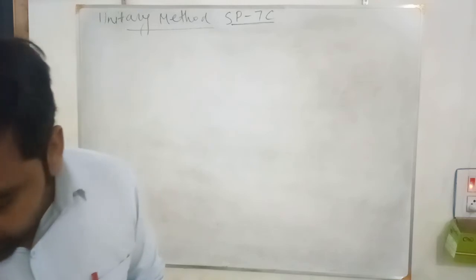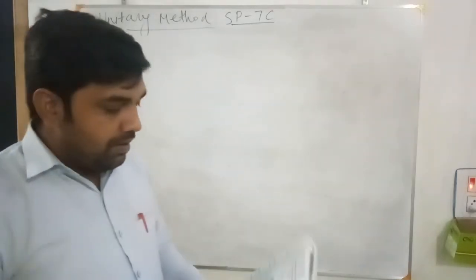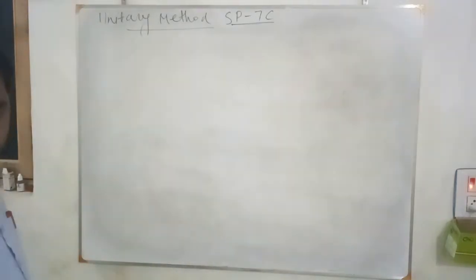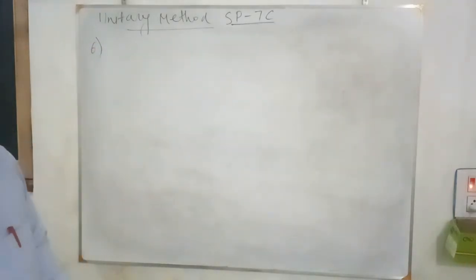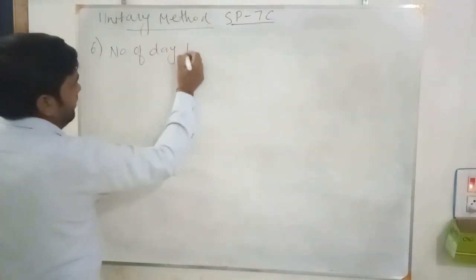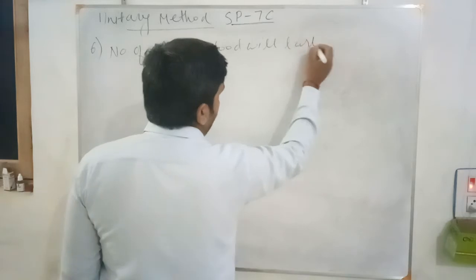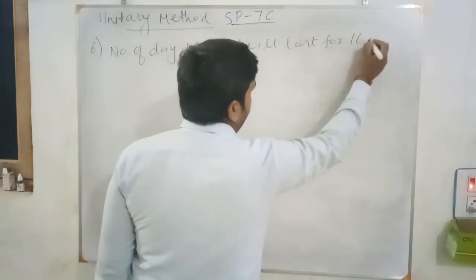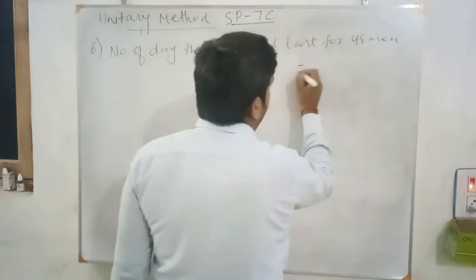So how long will the ration last? So here we write, question number 6: the number of days the food will last for 48 men equals 16 days.